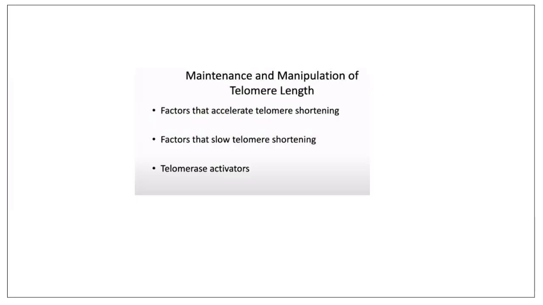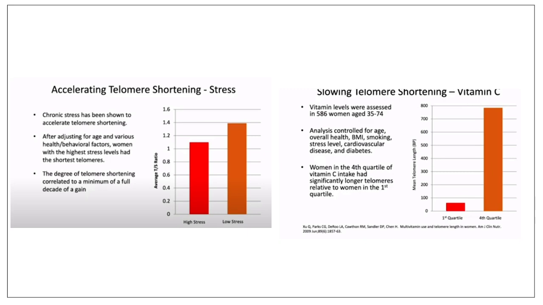Okay. Maintenance and manipulation of telomere length. So factors that accelerate telomere shortening, it is all not important. Now, these are some of the examples. Okay, I'm writing here examples. These are the examples that tell what the factors are that can accelerate telomere shortening.